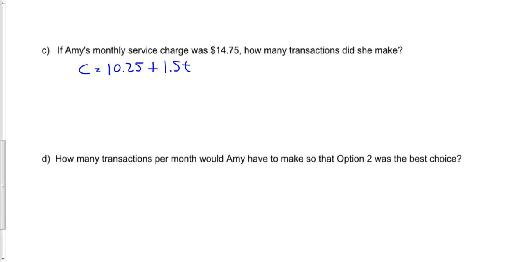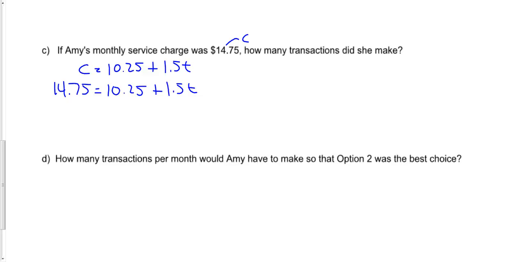If we know what the value of C is, then let's substitute that in. So 14.75 equals 10.25 plus 1.5T. I want to get that 1.5T all by itself, which means I have to strip away the 10.25 on the right-hand side of the equation.